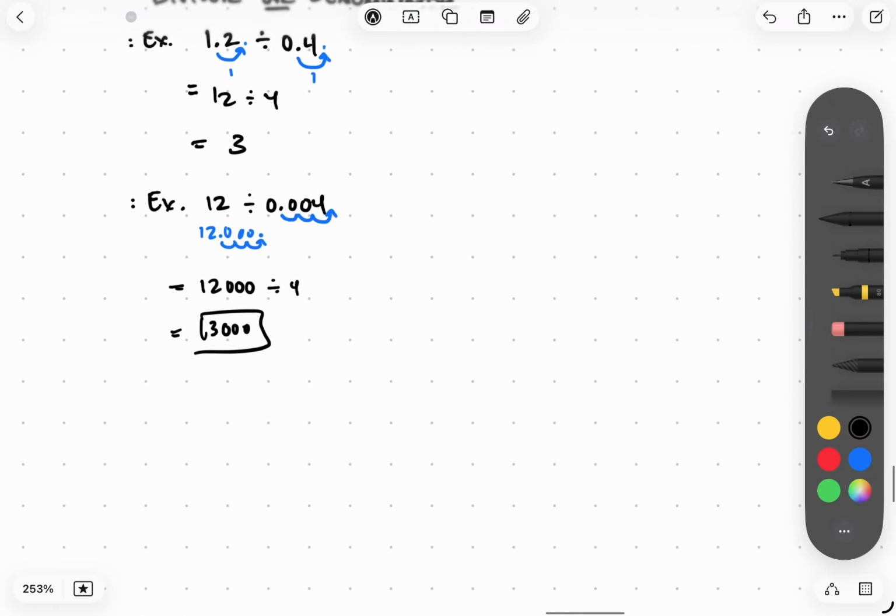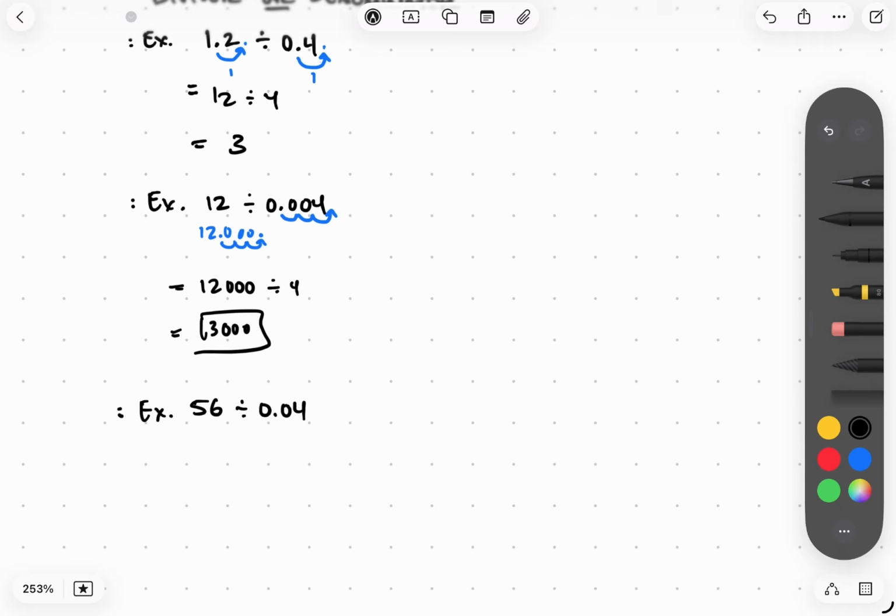I'll give you one more example that requires a little bit more long division. So let's say it is the last one here. Let's make it 56 divided by 0.04. All right, so what do I do?